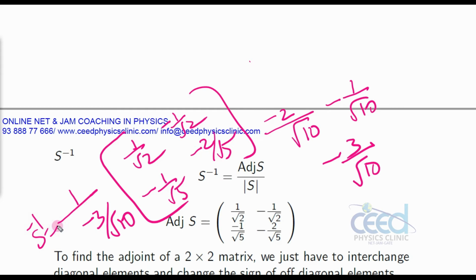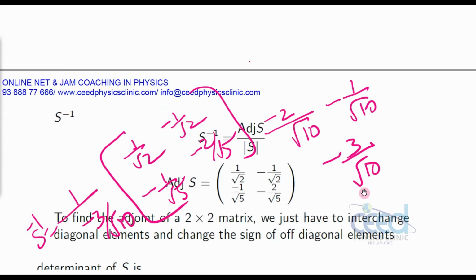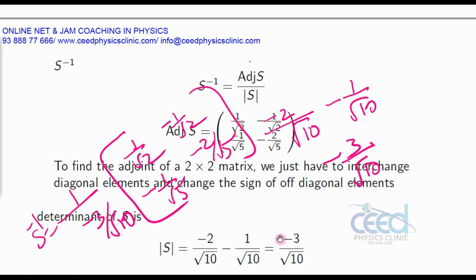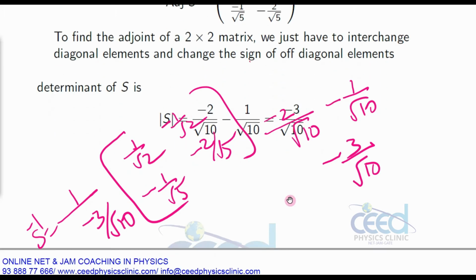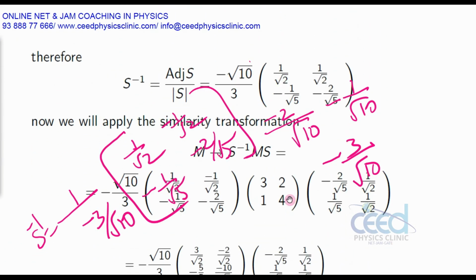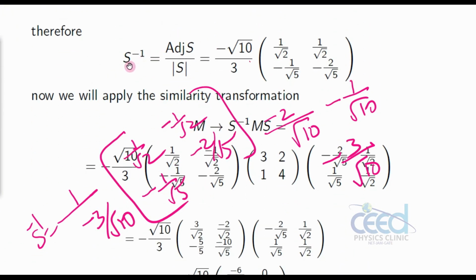So once I get the S inverse, the determinant of S is minus 3 by root 10, which I have given here. So this S inverse is adj S by determinant S, where this root 10 will go up, that is minus root 10 by 3.